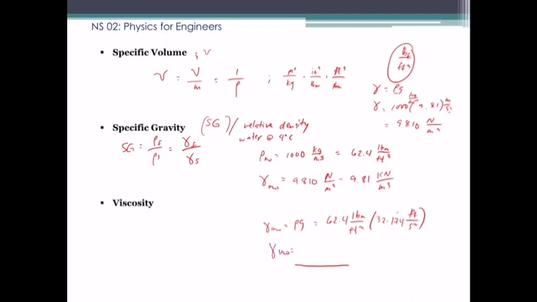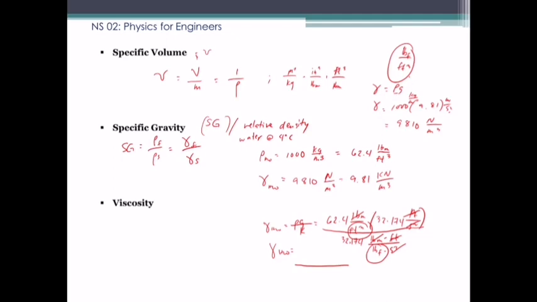But we cannot obtain that directly, so we will use the proportionality constant K, which is 32.174 pound mass feet per pound force second squared. Pound mass cancels, feet per second squared cancels, so you get the unit pound force per cubic feet.